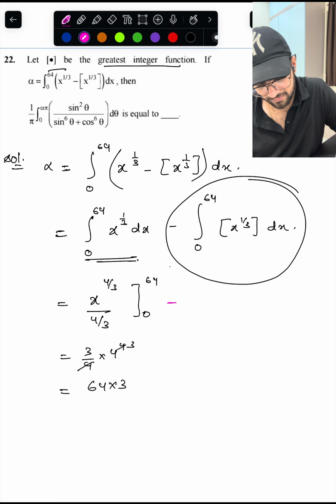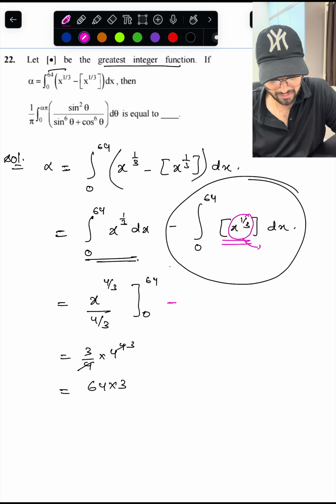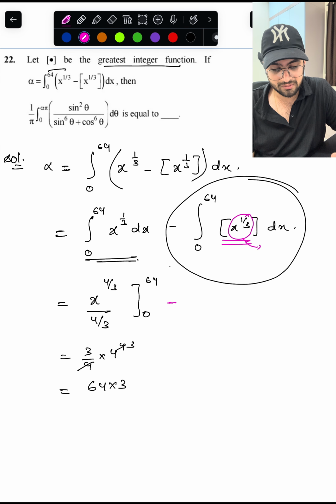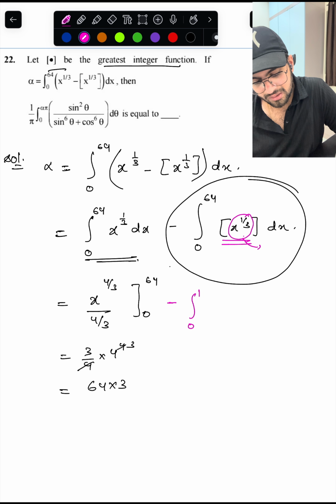As the floor is there, you need to remove it, and the floor will be removed when you know the value. Whenever the integer part occurs, you need to break the integral. From 0 to 1, x power 1 by 3 will be between 0 and 1 only.